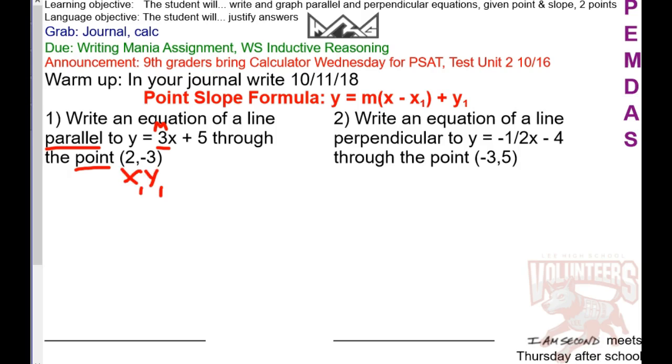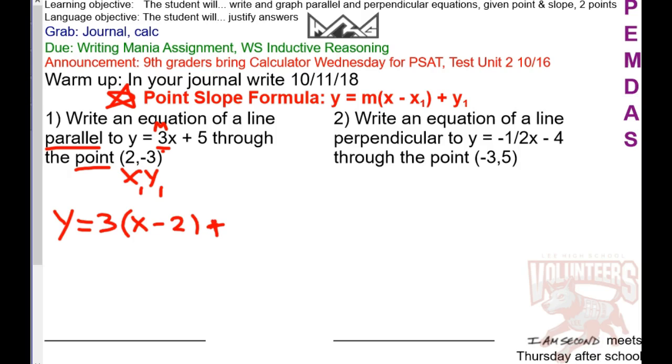For sure. So x1, y1. Now let's take that into this formula up here, point slope formula. Y equals, so instead of m, we got our 3, parentheses, x minus, and then our x1, our x value, is 2, parentheses, and then we do plus y1.